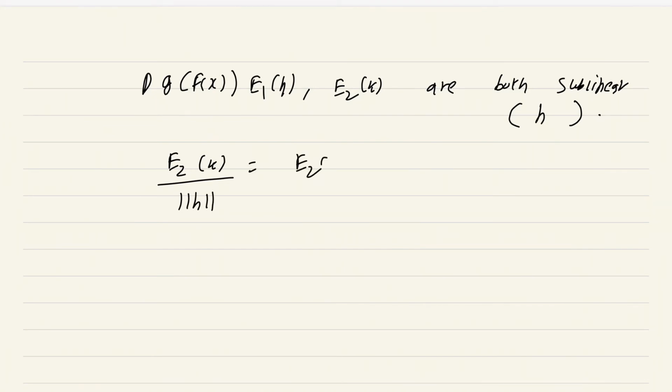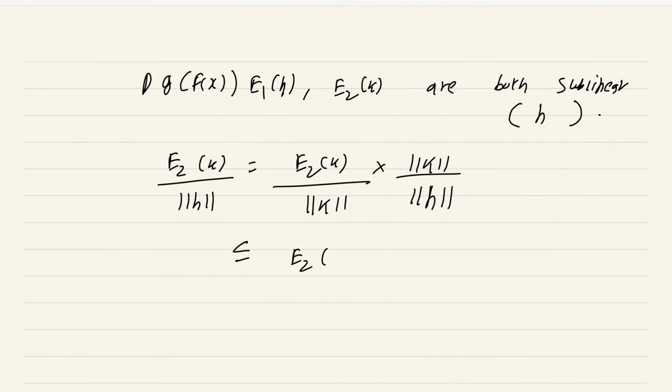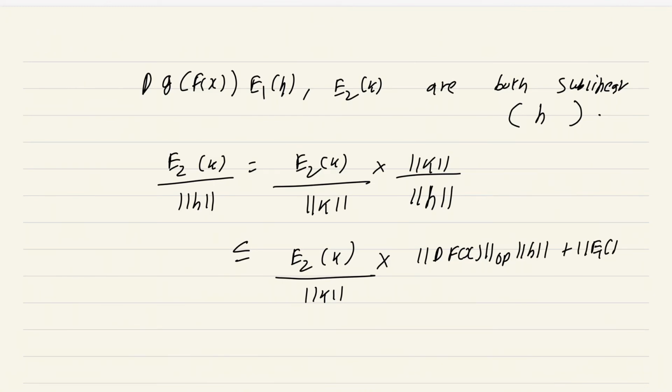This is nothing but e2 of k by norm k, into norm k by norm h. And this is less than or equal to e2 of k by norm k, into the operator norm of df x times norm h plus norm e1 of h, divided by norm h.